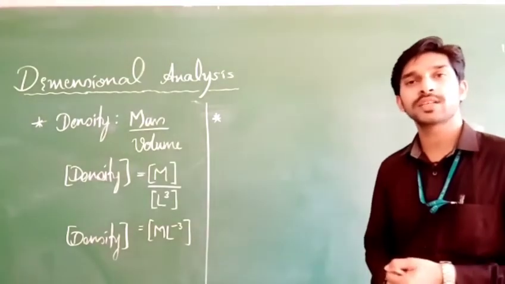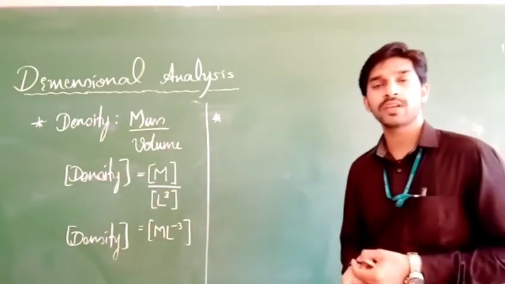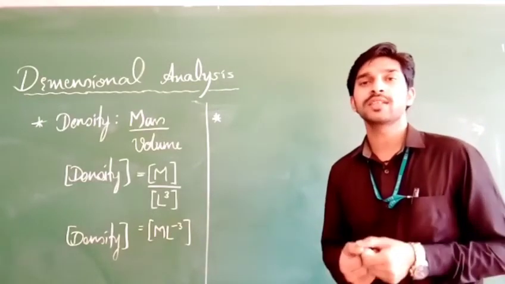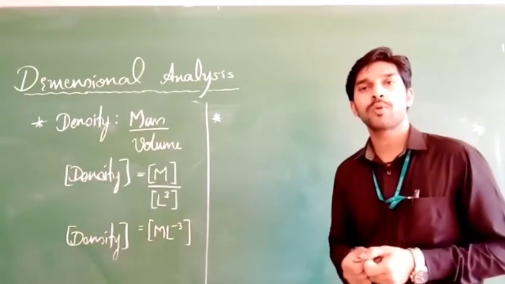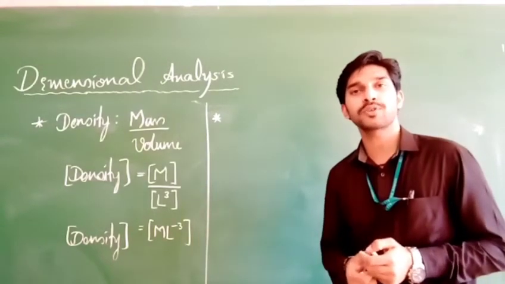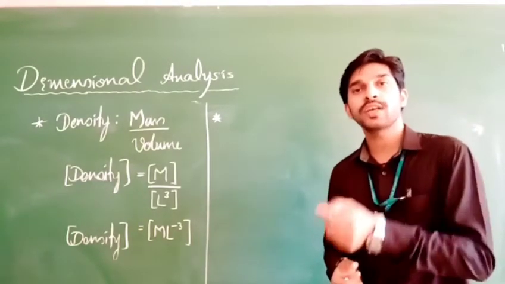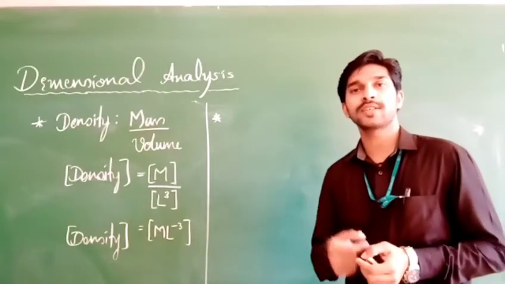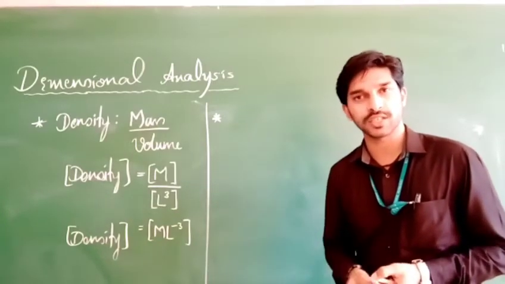What Newton suggested is that in the universe, if we consider 2 bodies, the 2 bodies will start attracting each other, and that force is directly proportional to the product of their masses and inversely proportional to the square of the distance between them.